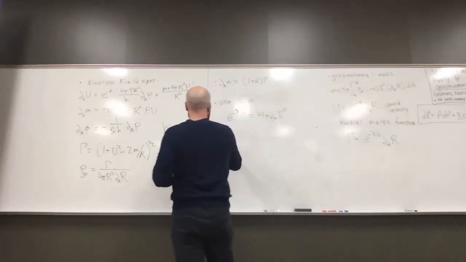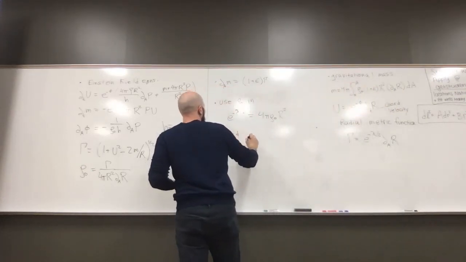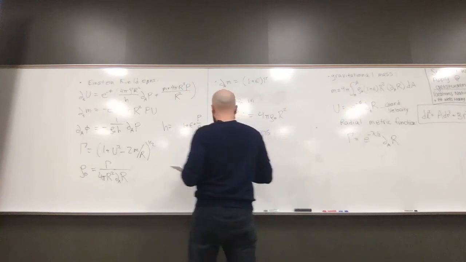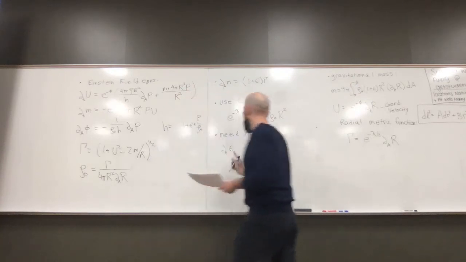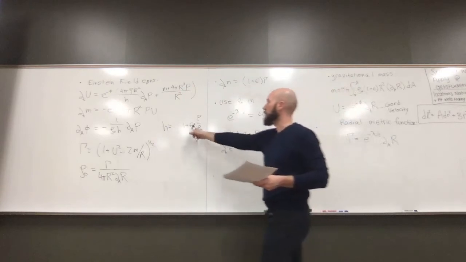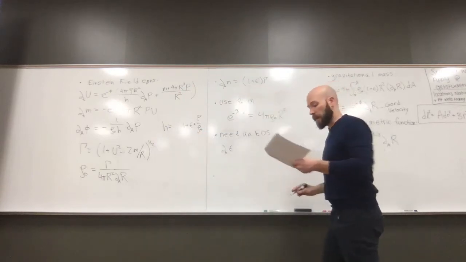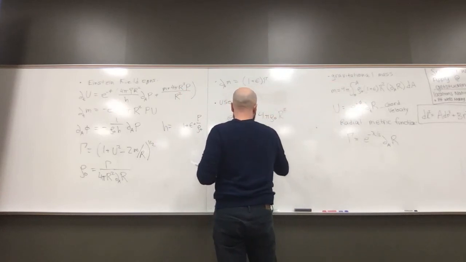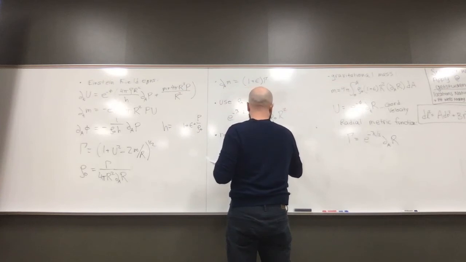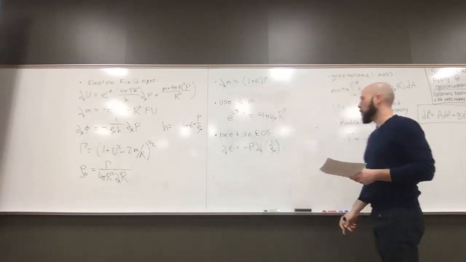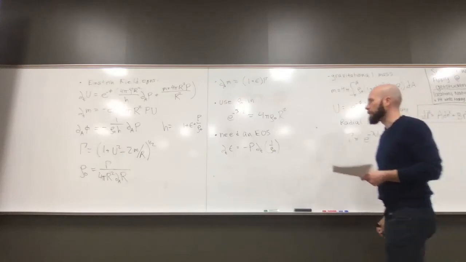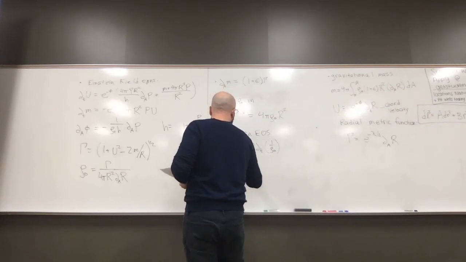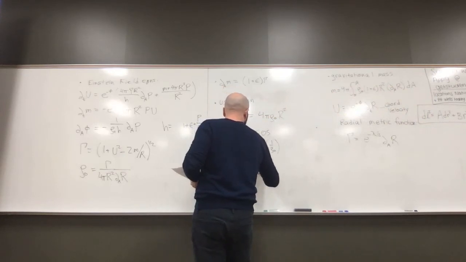And then finally, to finish this system off, I need an EOS. And I also need the first law of thermodynamics. And so I need to know how the internal energy evolves with time, because that appears in my equations in several places. And so just from the first law of thermodynamics, we know that this is equal to minus p partial with respect to time of 1 over rho naught, the specific volume. And then P has got to be equal to some function of rho naught and the energy.